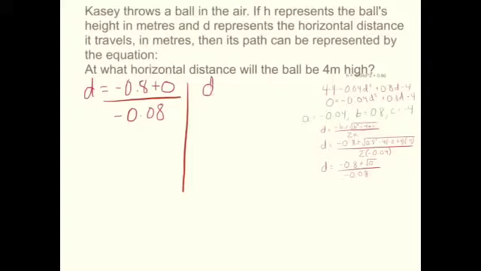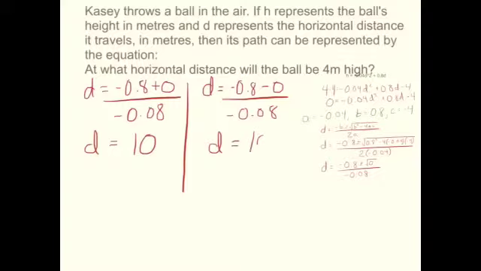And the second case is d equals negative 0.8 minus 0 over negative 0.08. So adding and subtracting 0 both do nothing. That comes out to 10, and this one also comes out to 10.